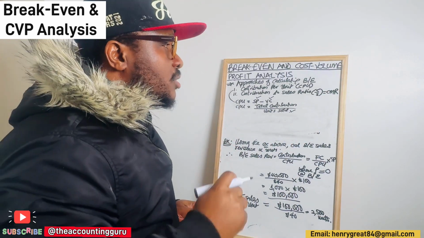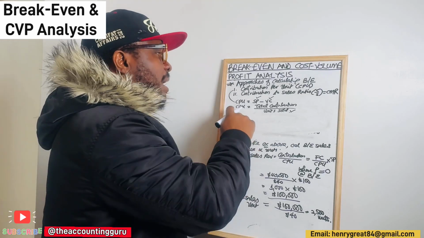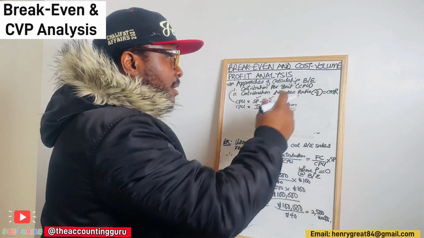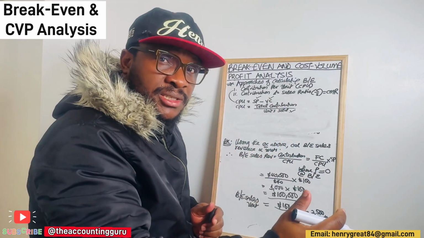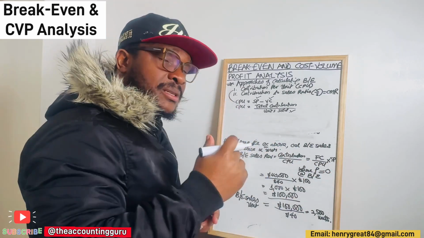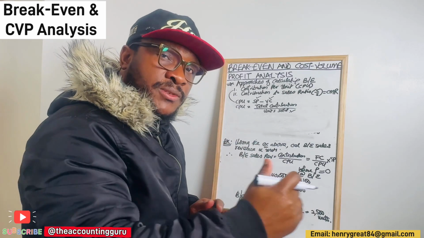What is CMR? It means contribution margin ratio. Now, while CPU is calculated per unit, CMR is a percentage. CMR is a percentage of sales. That means expressing contribution as a percentage of sales.